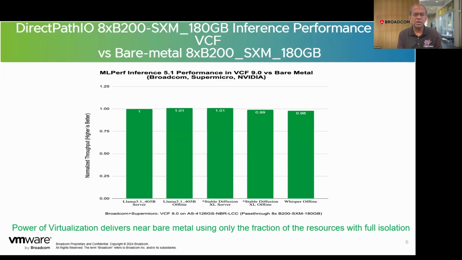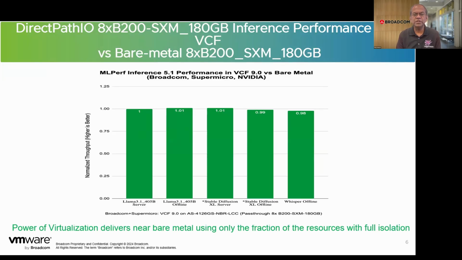Large language model, Llama 3 with 405 billion parameters. That's a pretty big model. And we did the benchmarking in server mode as well as in offline mode. And we see that we deliver bare metal performance even for large language models as large as 405 billion parameters.